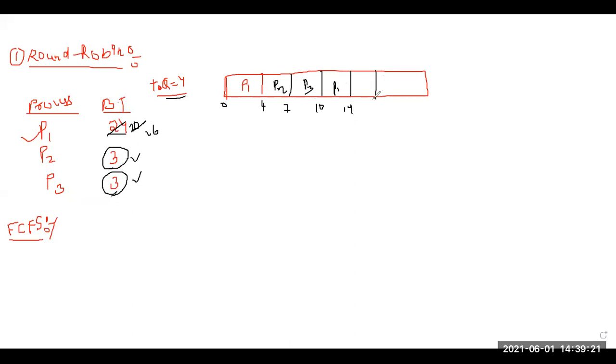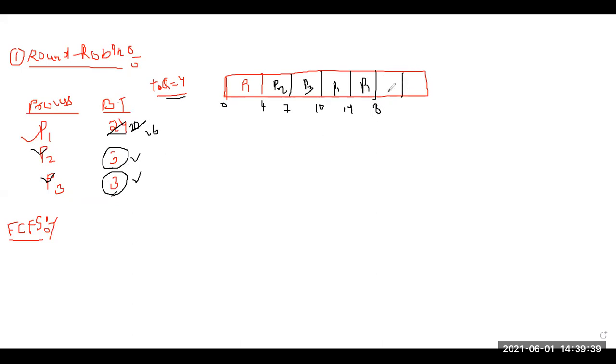Again P1, maximum 4, so 18. Why P1? Because no more process is available. P2 is completed, P3 is completed. Only P1 is there, so P1 will keep coming since P2 and P3 are already completed.